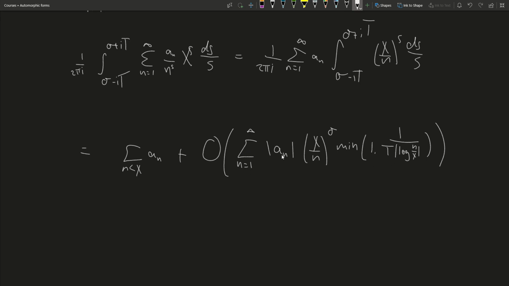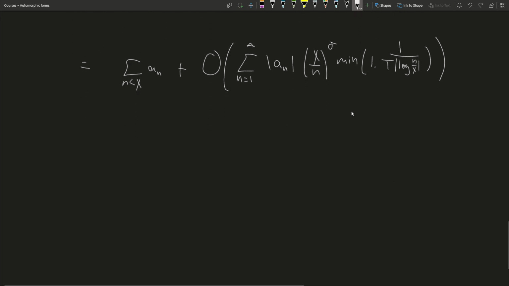Okay, so we have this error term, and we want to make this error term a little bit more convenient. So let's start working on it. The idea is going to be to split this sum up into two regions essentially.